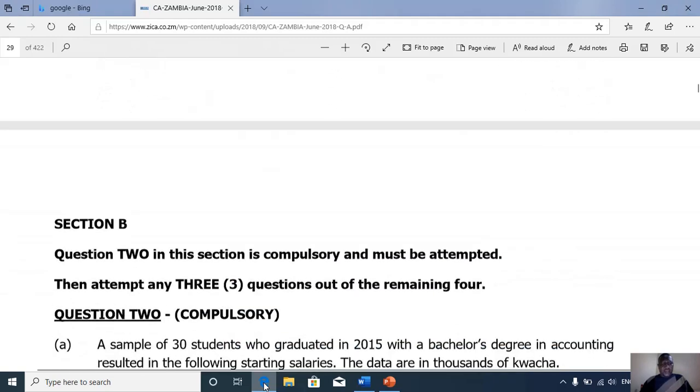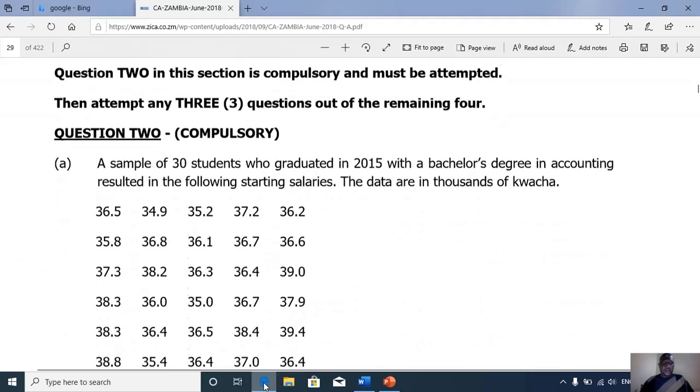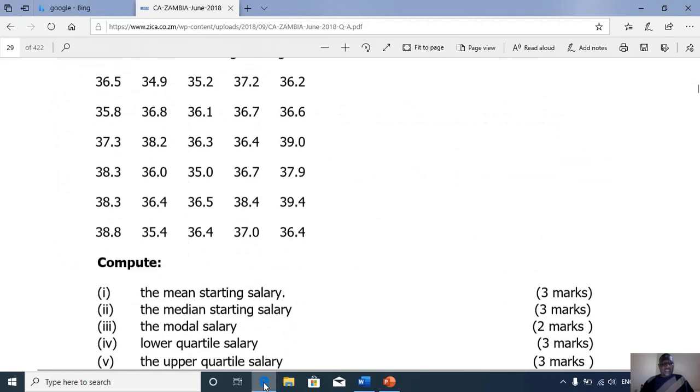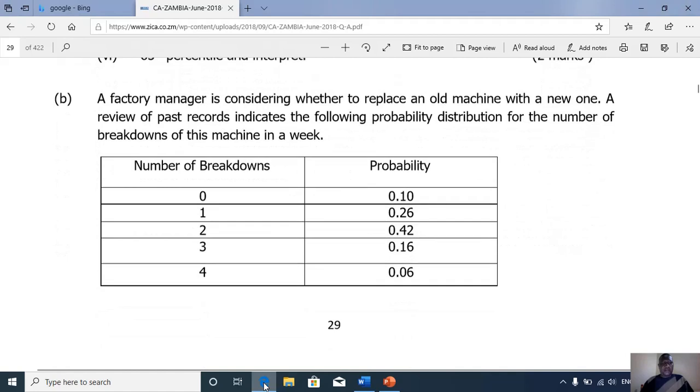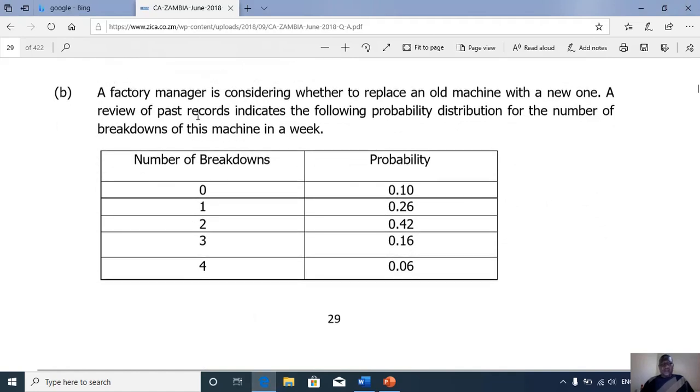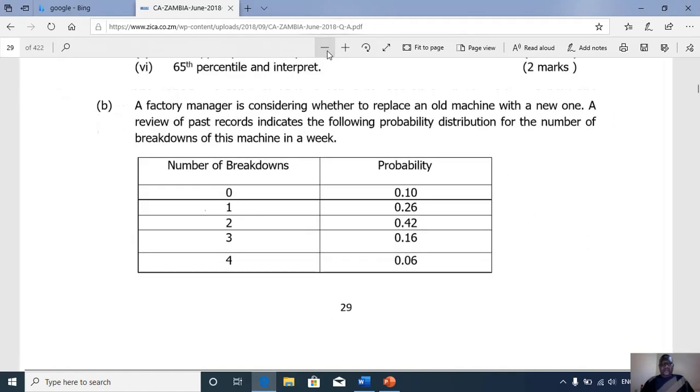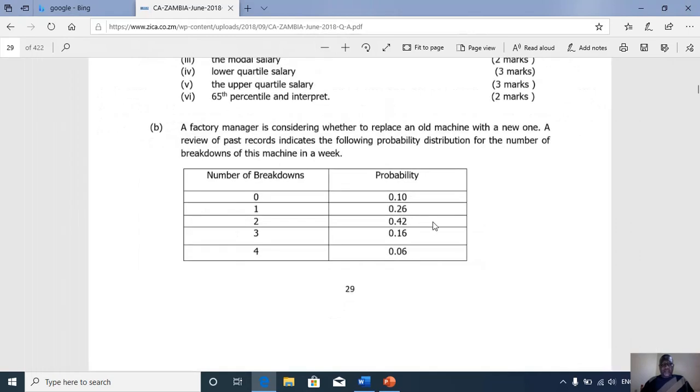All right, so there we are, section B, question 2. Of course, question 2 was compulsory. We're dealing with question 2, part B.